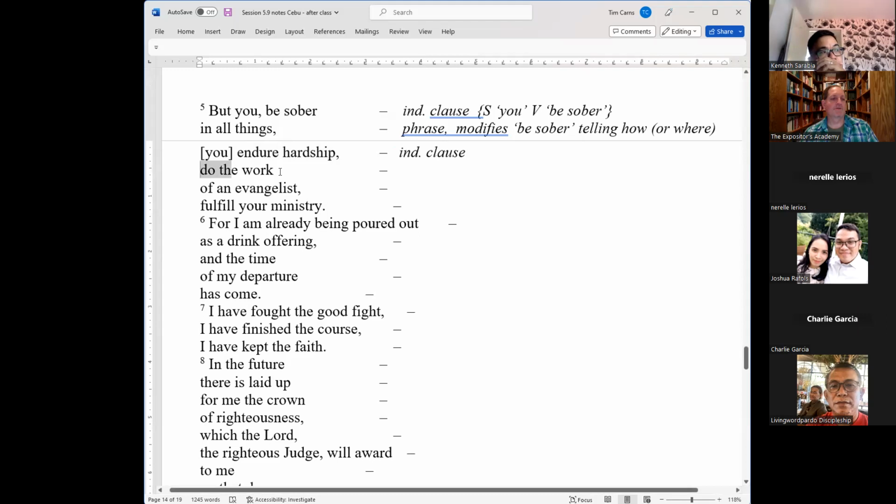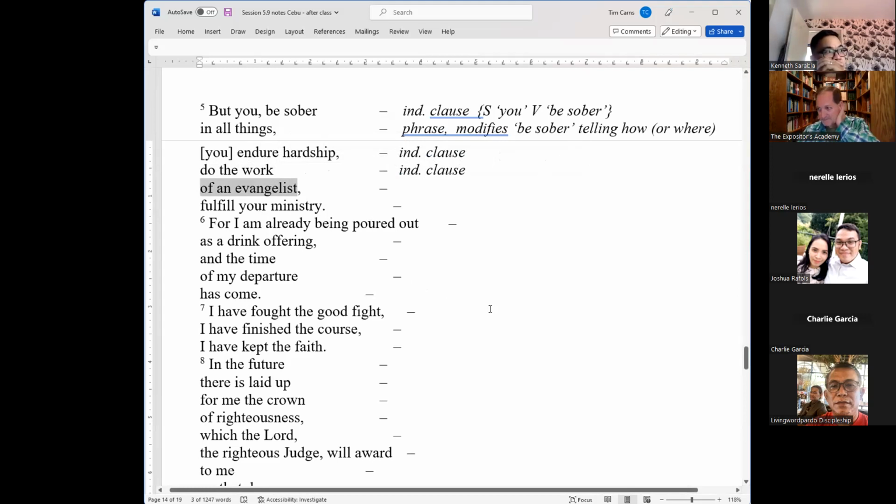And then what about "do the work," Joshua? What would you say there? I think it's still an independent clause. How about "of an evangelist"? Is that a phrase or clause?